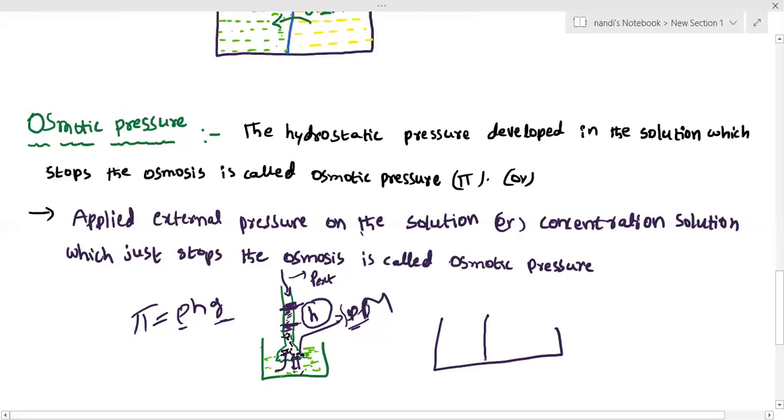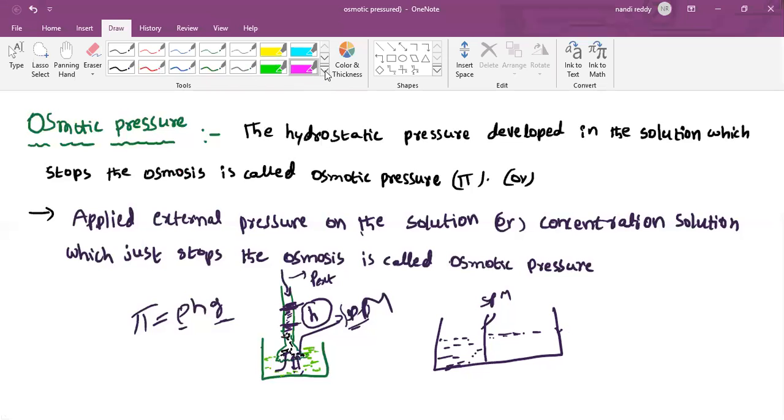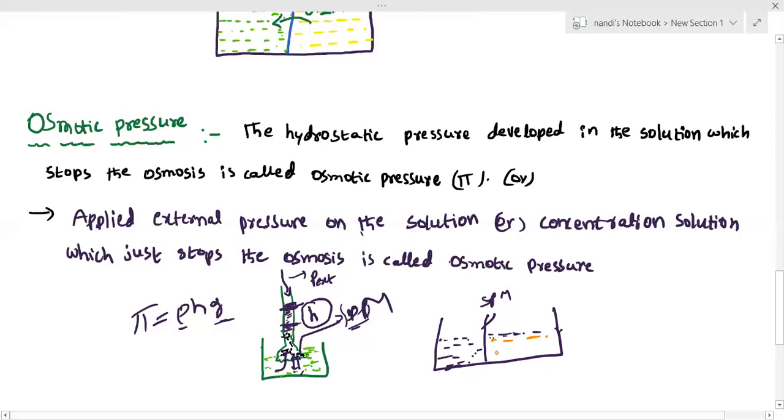I'm giving one more example very clearly. You can check it here. This is the solution, this is pure solvent, and this is the SPM. Now suppose you are applying some pressure here. Pure solvent means it can move, sir. This is the solution.